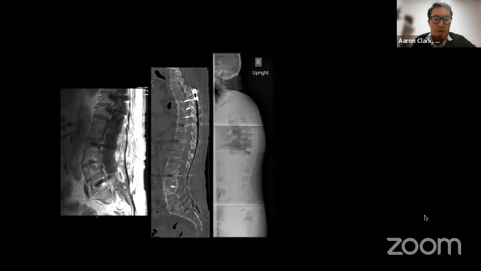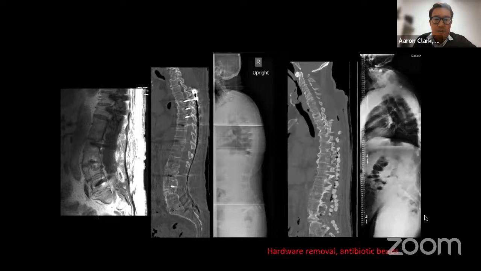On CT imaging, he has developed some lucencies at the upper thoracic areas, but in the lower area, particularly through the PSO site, it did look like he had been solidly fused. And in spite of all this, he remained globally well balanced on full-length upright standing X-rays.